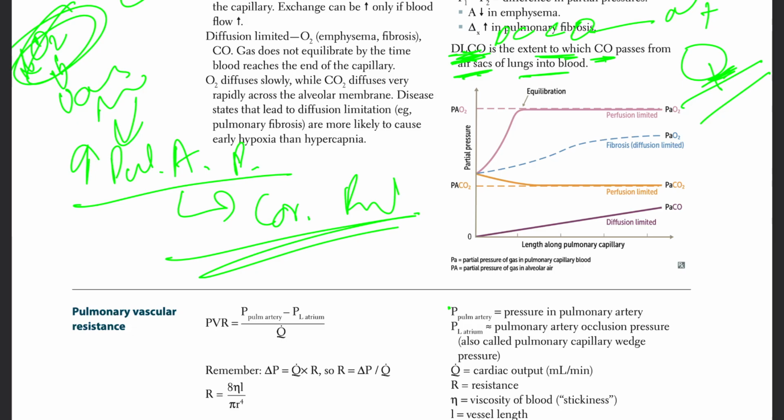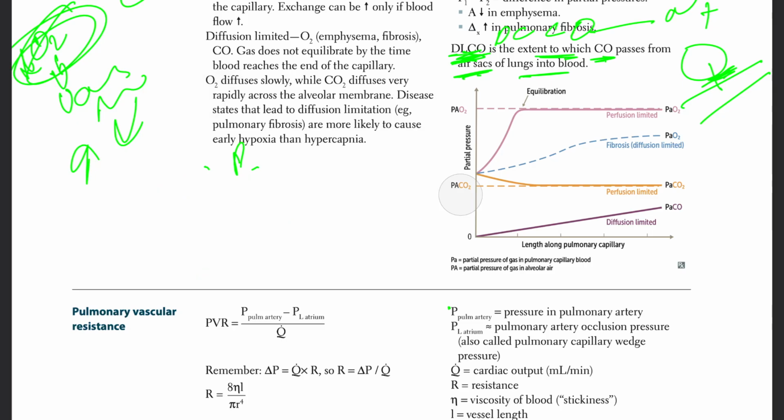One last point in this discussion: DLCO is increased in asthma.